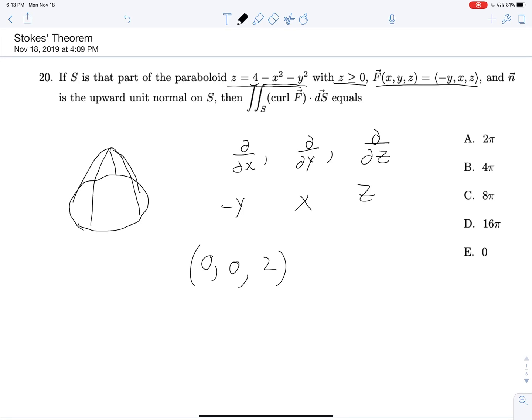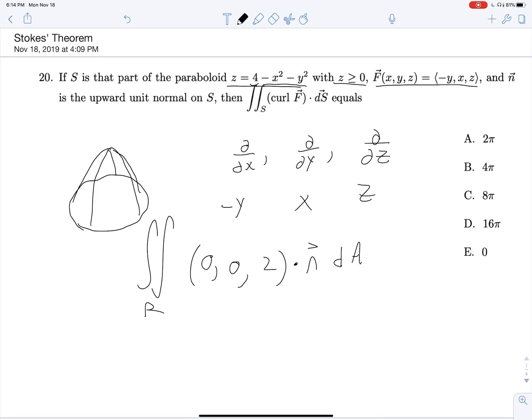So we know we have curl of f, and then we know that we can change our double integral over the surface dS, because we're dealing with a force field vector in here, to a double integral over the xy projection of this graph, dotted with the normal vector dA.